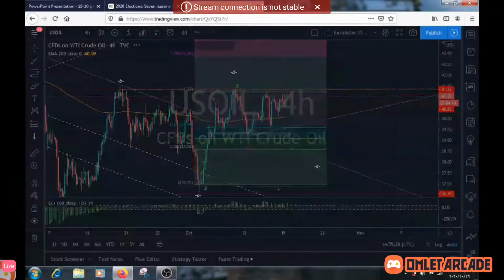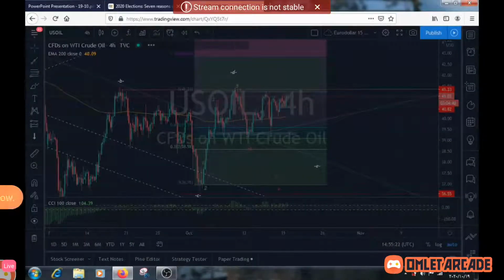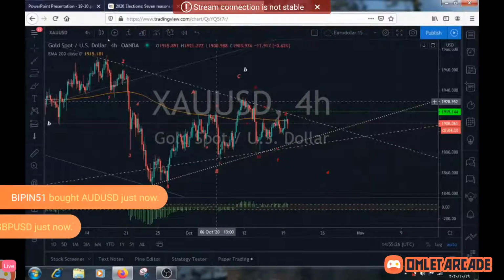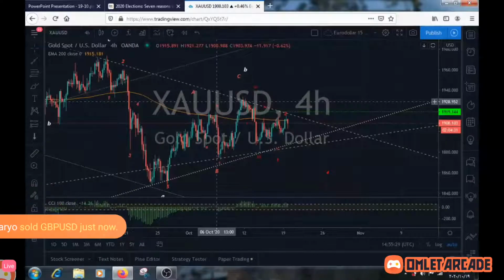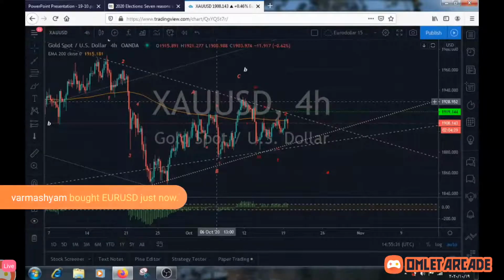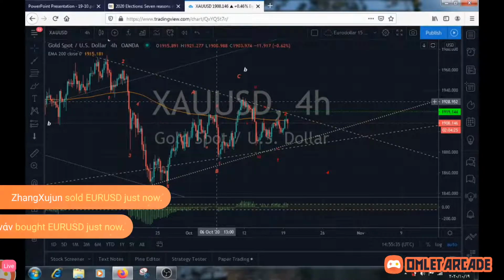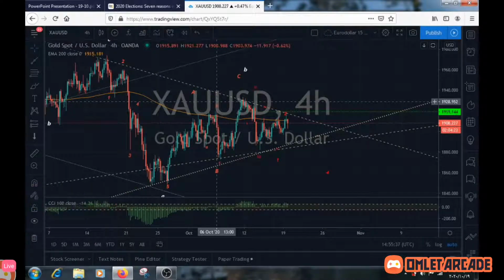Gold is going up because, like we've been saying, there is going to be a very strong $1.8 trillion stimulus package that is expected to be issued by the US Senate Democrats and President Trump.